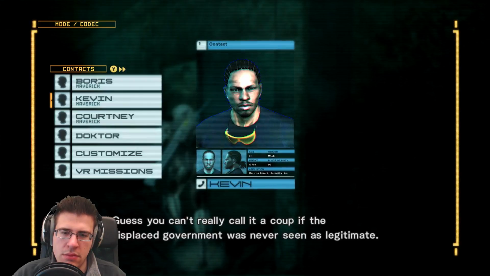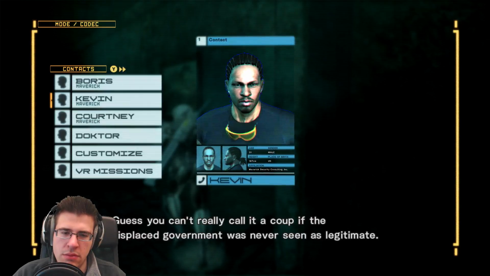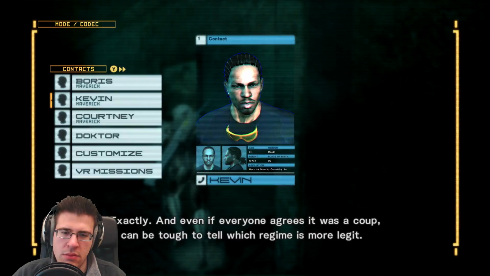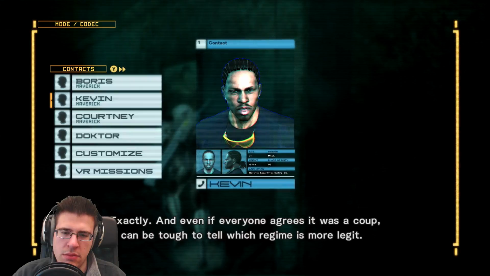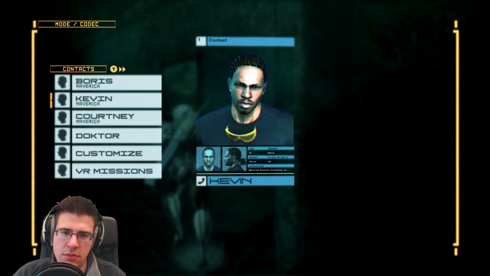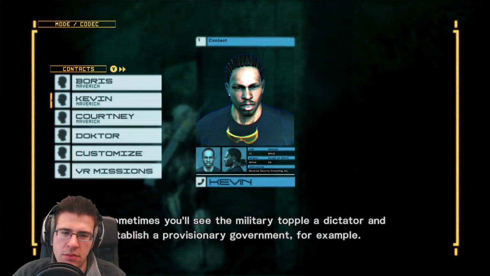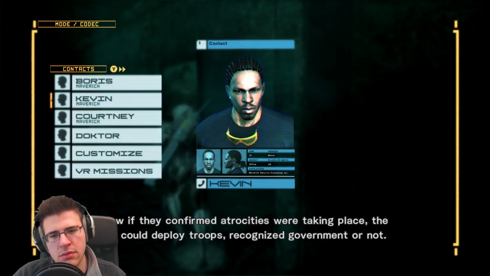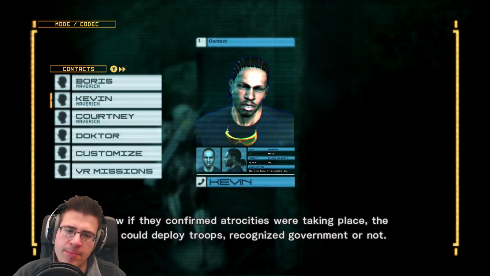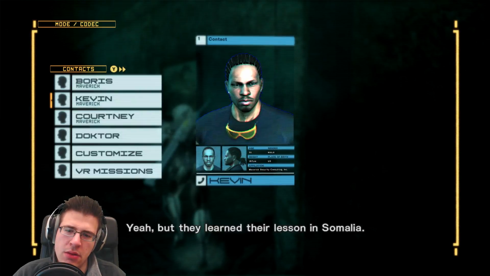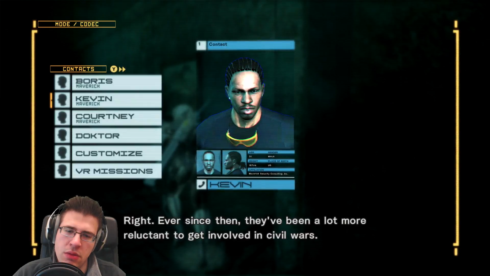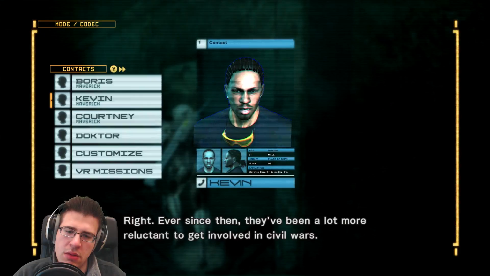Guess you can't really call it a coup if the displaced government was never seen as legitimate. Exactly. And even if everyone agrees it was a coup, it can be tough to tell which regime is more legit. Sometimes you'll see the military topple a dictator and establish a provisionary government, for example. Now, if they confirmed atrocities were taking place, the UN could deploy troops, recognize government or not. Yeah, but they learned their lesson in Somalia. Right. Ever since then, they've been a lot more reluctant to get involved in civil wars.